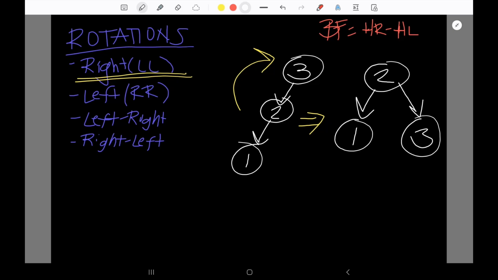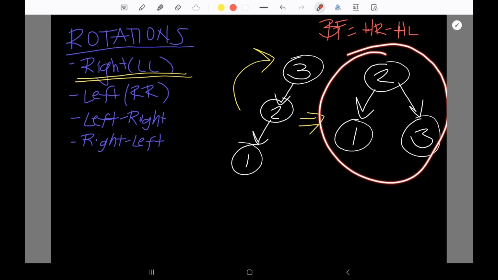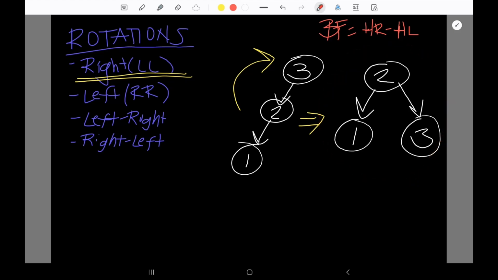So this is now balanced. This is now a balanced tree because it has a 0 balance factor here, 0 balance factor here, 0 balance factor here, because 1 minus 1 is equal to 0. So that is how right rotation works.